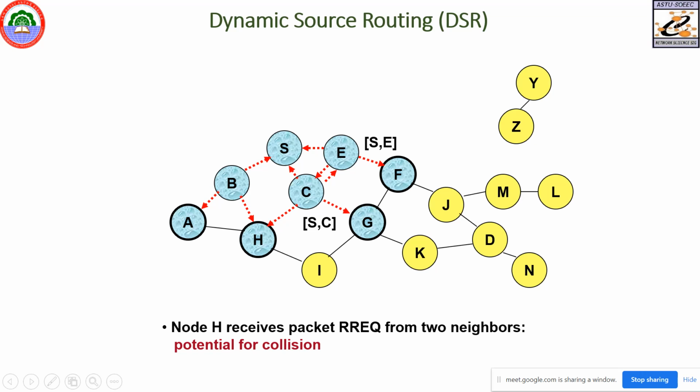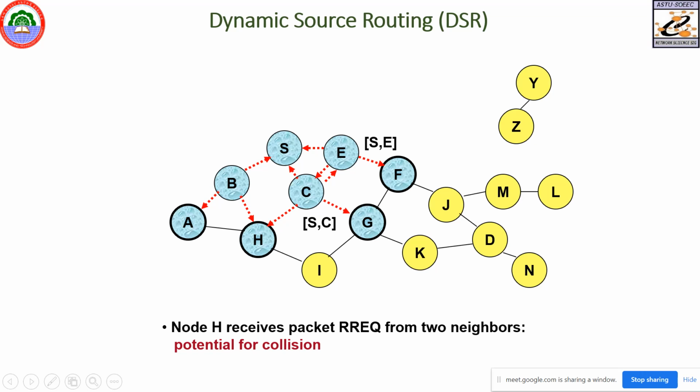Now we can observe that the request was already transmitted by node S itself, but again the same request is transmitted by node B, node C and node E. This is called redundancy.